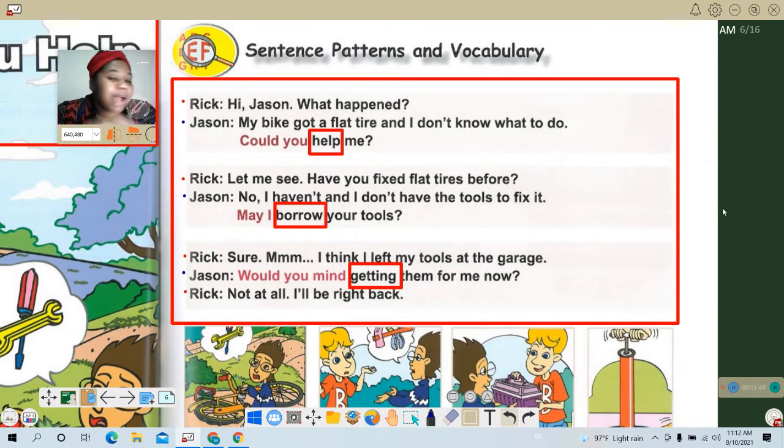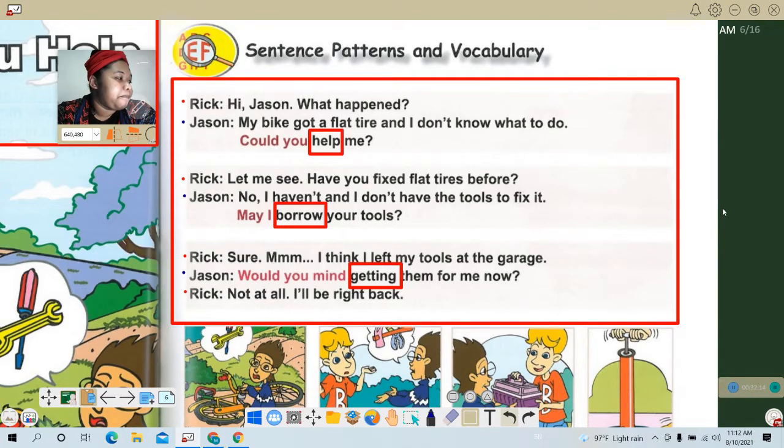The verb has an ing. Would you mind verb ing? Okay? Would you mind getting my books for me? Would you mind cooking food for me? Would you mind giving me some money? Would you mind taking my books for me? Would you mind verb ing?